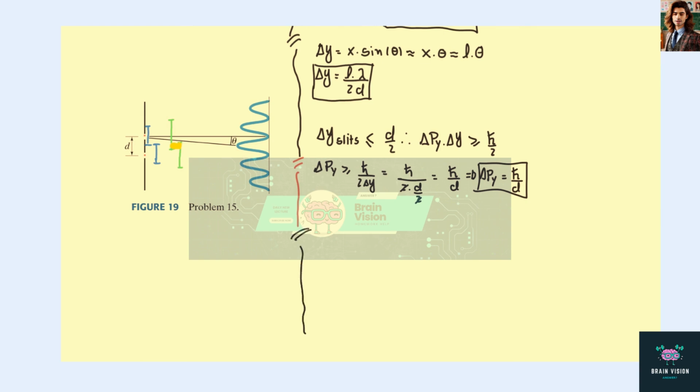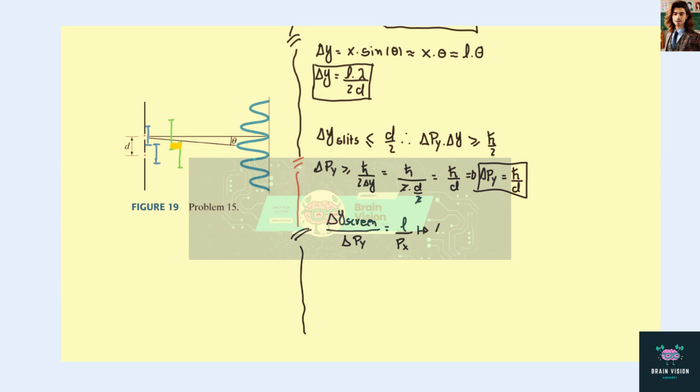The spread on the screen is given by the following relation. So delta y at the screen divided by delta py, the uncertainty in the momentum in the y direction, is equal to L divided by the momentum in the x direction.